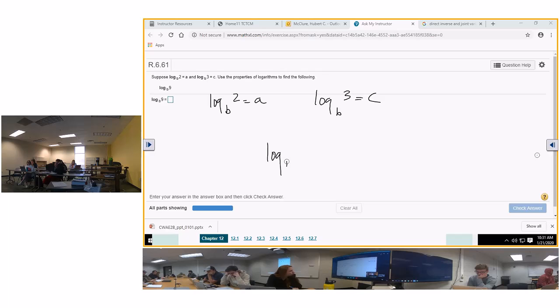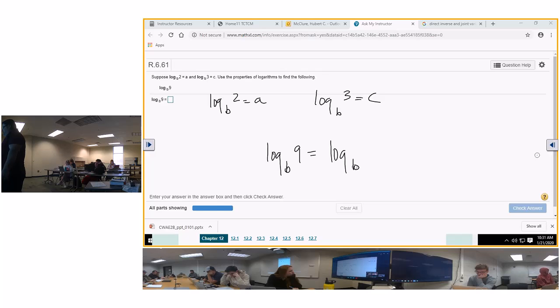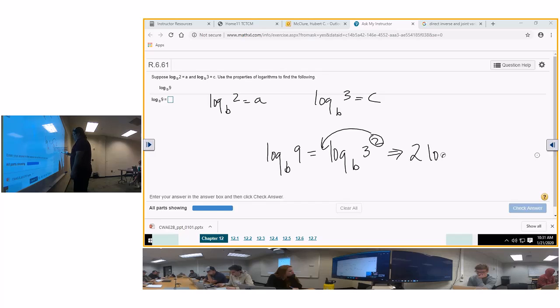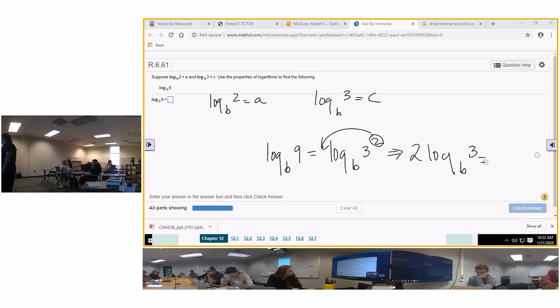Log base B of 9 can be rewritten as log base B of 3 to the 2nd power using the power rule of logs to log base B of 3. Log base B of 3 is equal to what? C. So 2C.